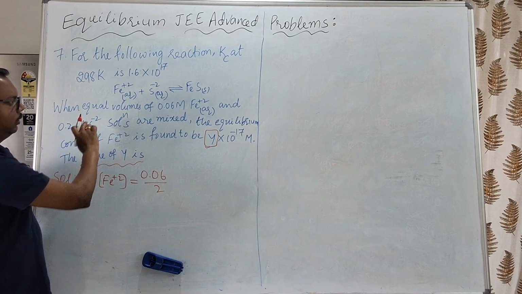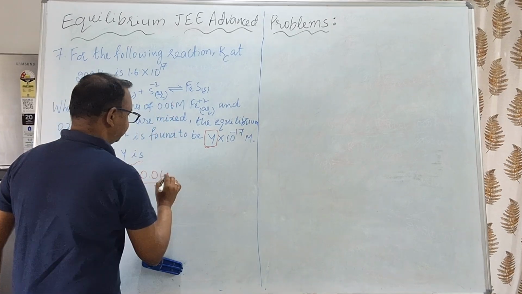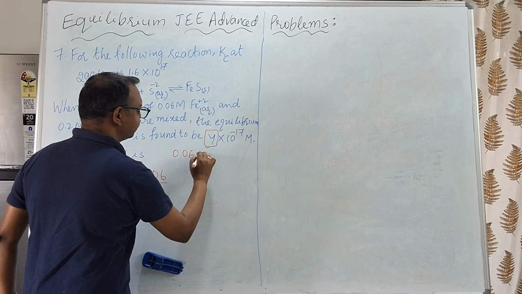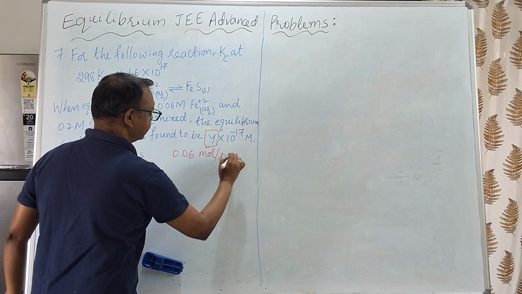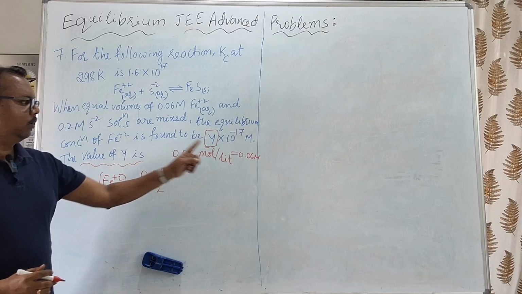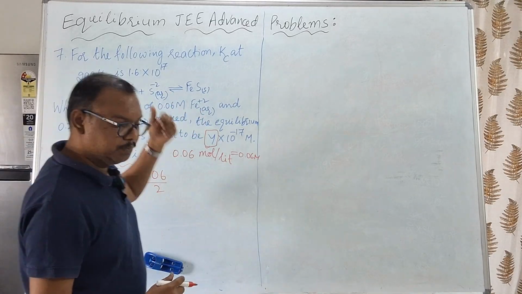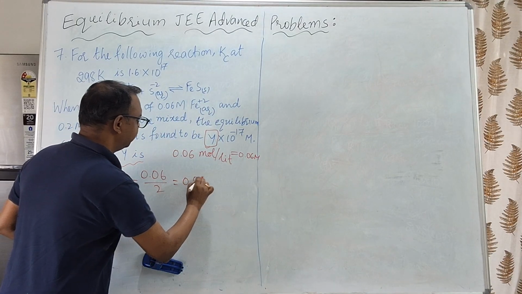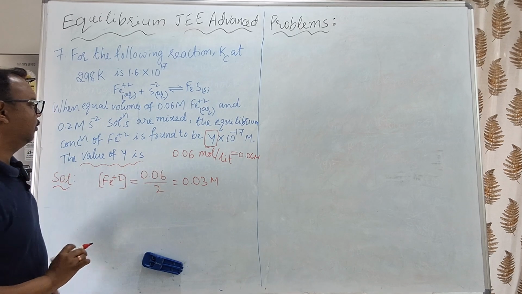Let us consider 1 liter. Molarity means moles per liter, so 0.06 molar means 0.06 mole per liter. 1 liter of Fe plus 2 and 1 liter of S minus 2. Therefore, the overall concentration becomes 0.03 only. This is the first point you have to observe.